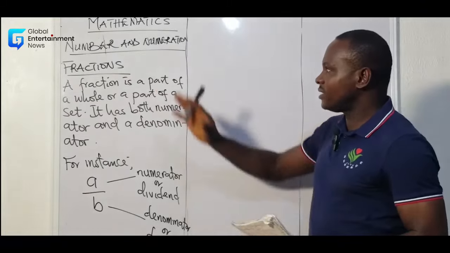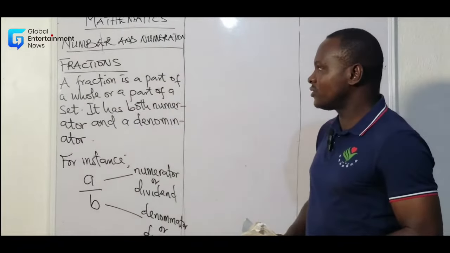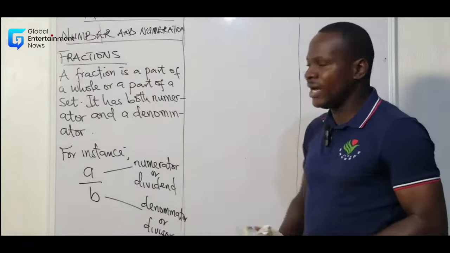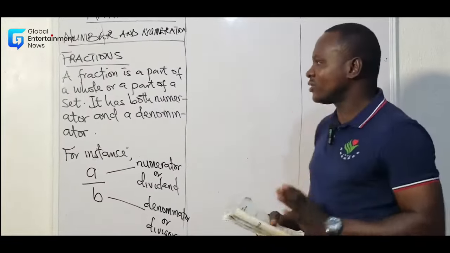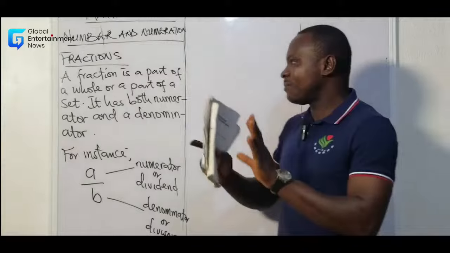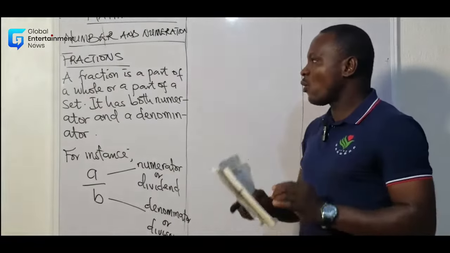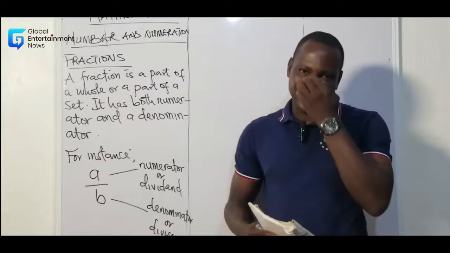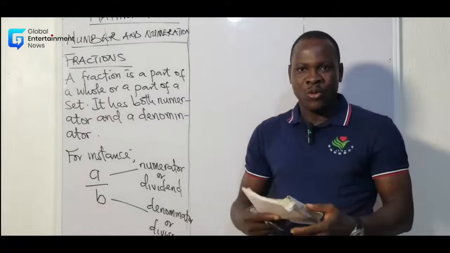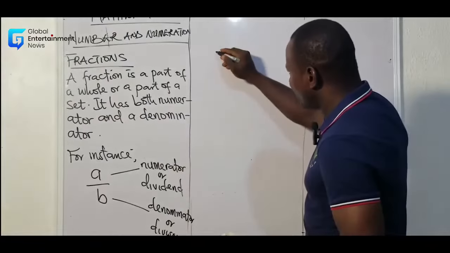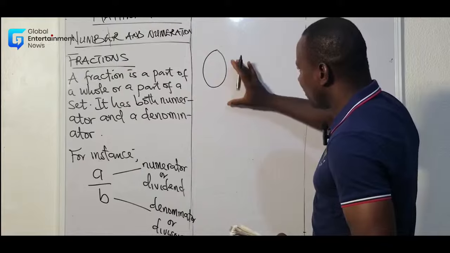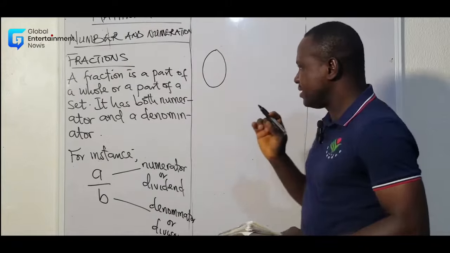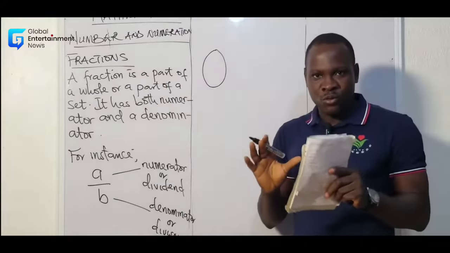Looking at number and numeration, there's something we call fractions under it. And what is a fraction? What do we understand by fraction? A fraction is a part of a whole. When we talk about a whole, we are talking about a whole thing, something that is full.